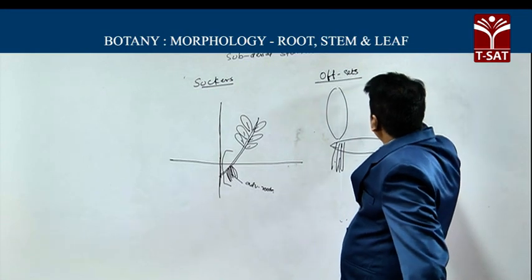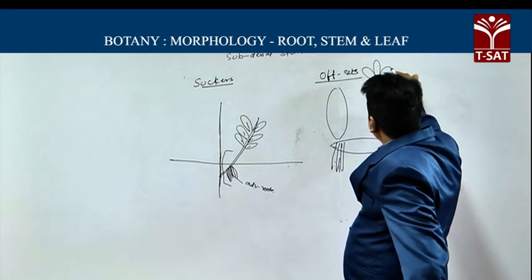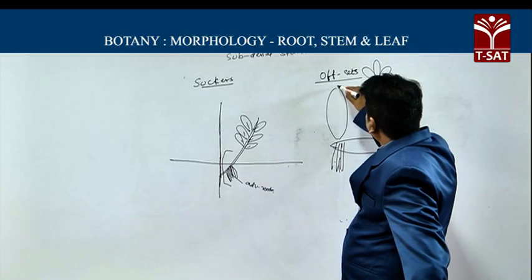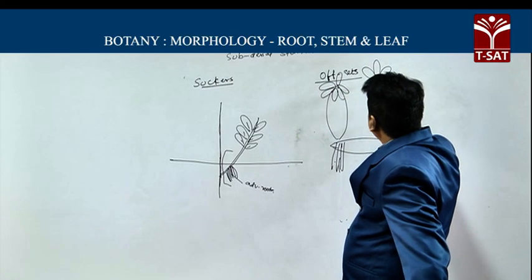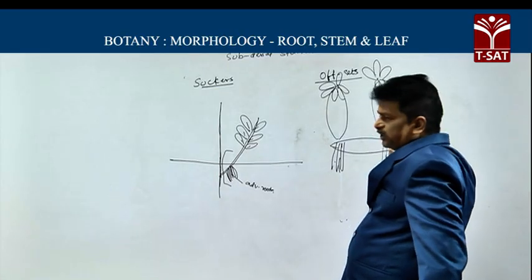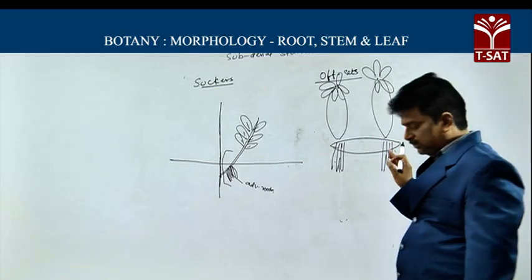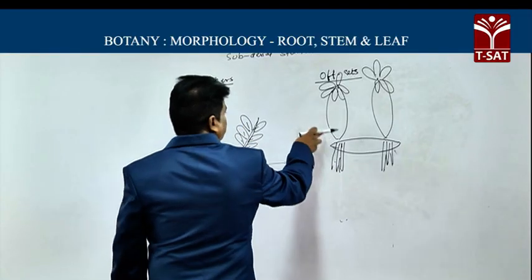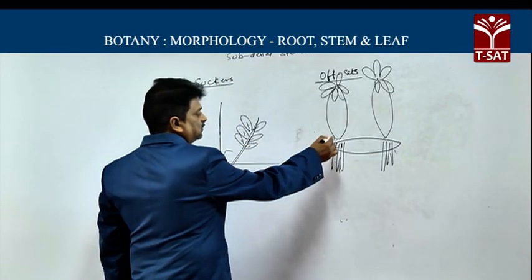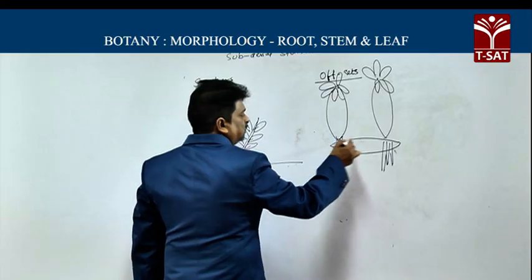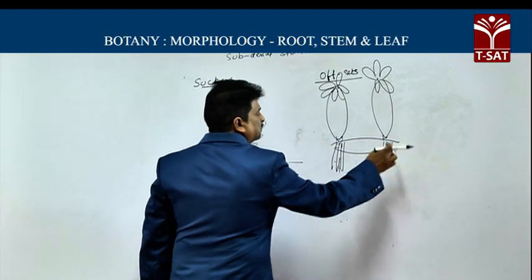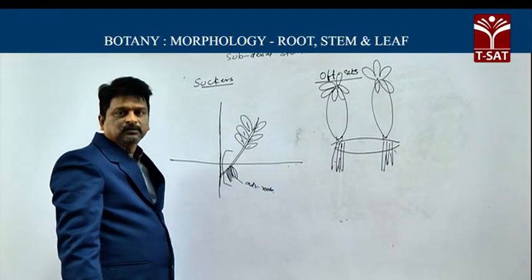And the upper side of the branch develops leaves. If that branch is separated from the main plant, it shows independent life, called offsets.